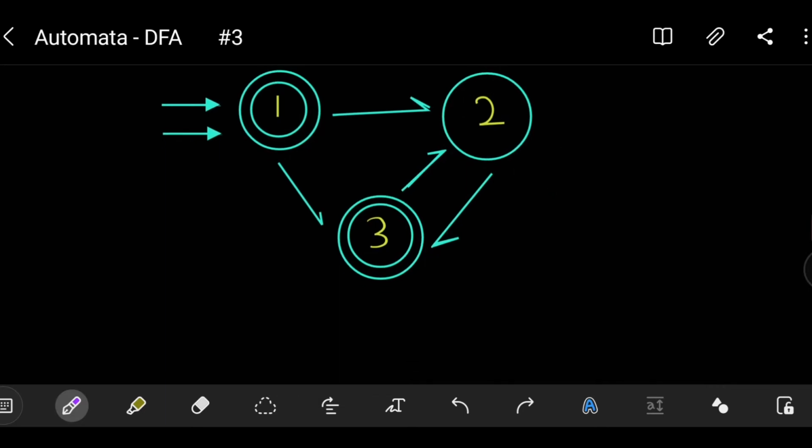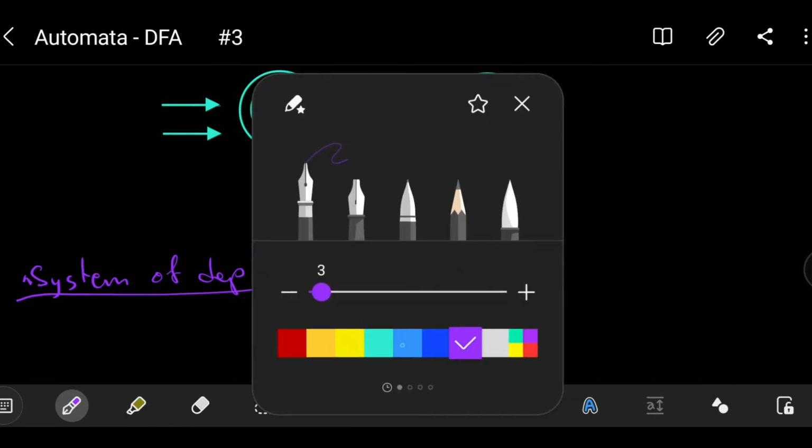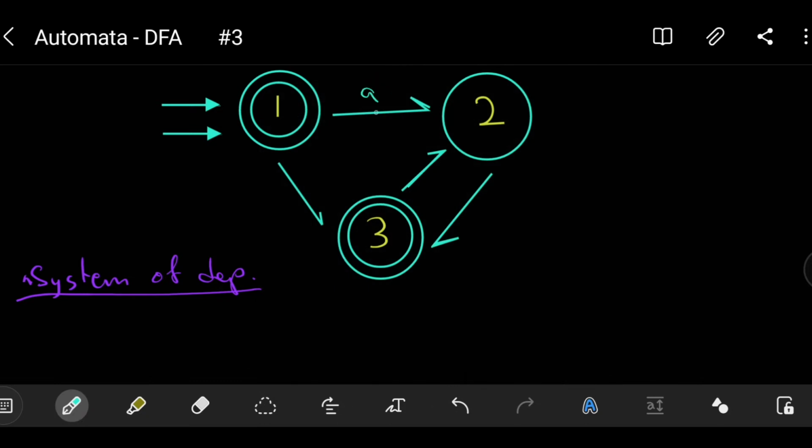Okay. Now, the system of derivatives consists of... Let's start with the system of derivatives. We see that I have the alphabet here with A, B, and B, and we see here, let me make it as A, and here we have B on itself.